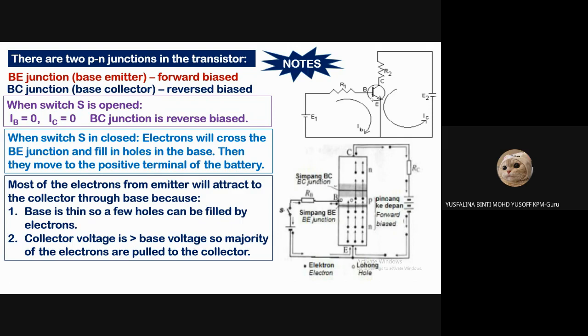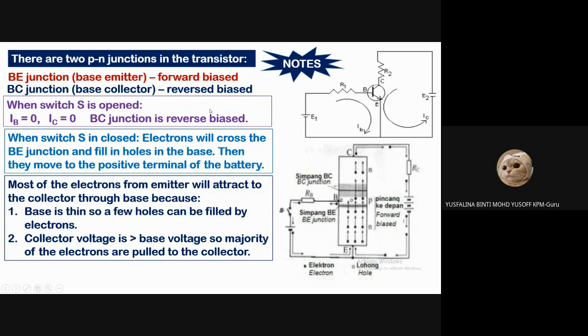And the collector voltage is bigger than the base voltage. Voltage, not current, all right? So the majority of the electrons are pulled to the collector because it has larger voltage, so the electrons will flow to the collector, right?